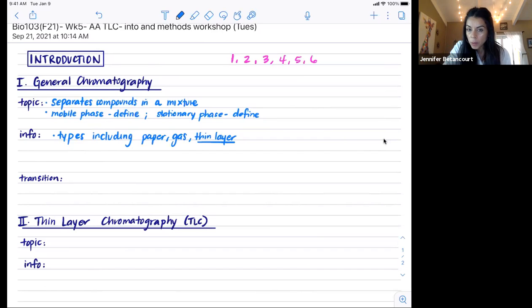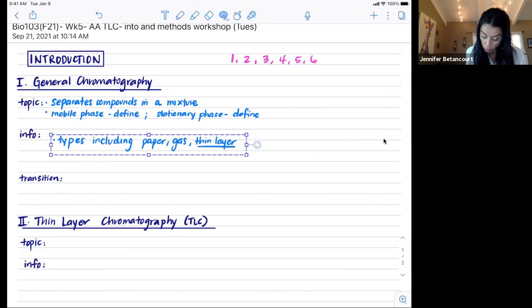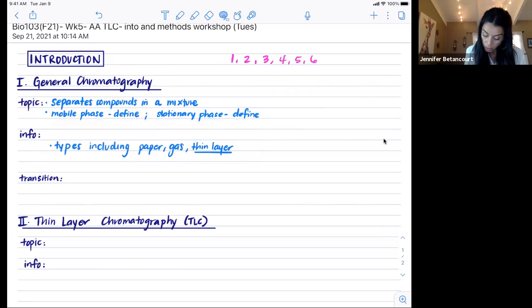Okay, so other people are saying you have defined, okay. Cool. Defined the 2 phases. What do those mean? So I think that's actually pretty good. So you want to define both the mobile and the stationary phase.